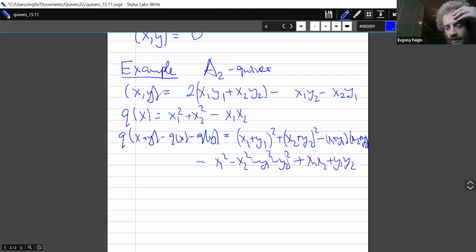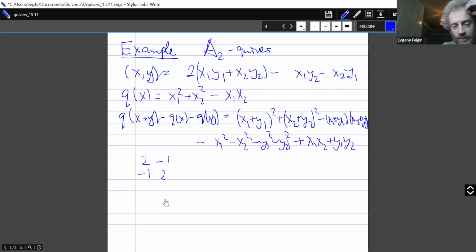Why? Because it's represented by the matrix 2, -1, -1, 2. Absolutely, and it's non-degenerate, right? Yeah. However, in principle, can we make this degenerate?